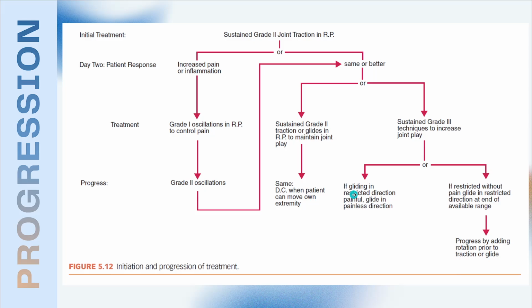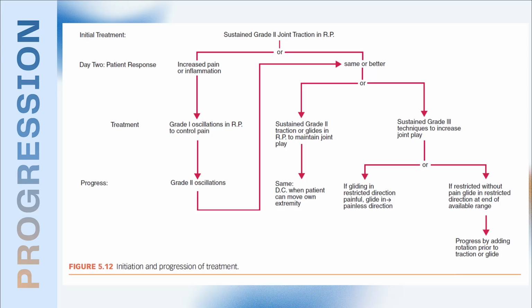So if they are restricted and you're doing posterior gliding to increase shoulder flexion, because according to Kisner, that's what you do when you have limited shoulder flexion. You want to do PJM. If there's pain in posterior gliding, you could glide anteriorly. You get me? Okay, that's why it's very important you have the concave convex rule in your mind.